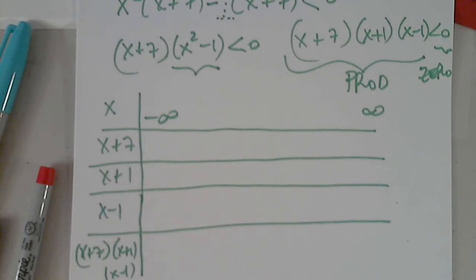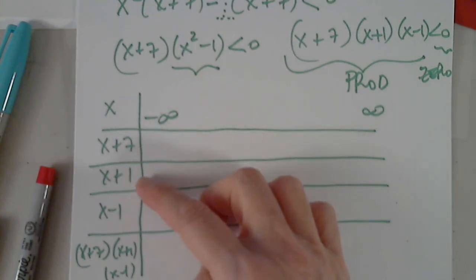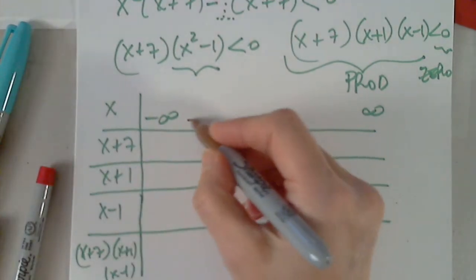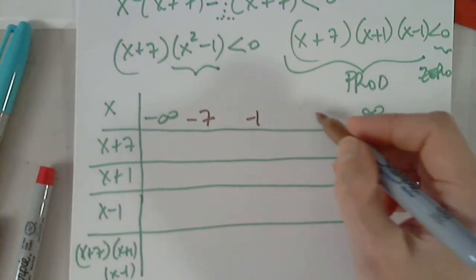Can anyone give us the zeros of these 3 polynomials, linear functions, where they are 0? Would it be -7, +1, -1? Perfect. In ascending order, -7, -1, and 1.